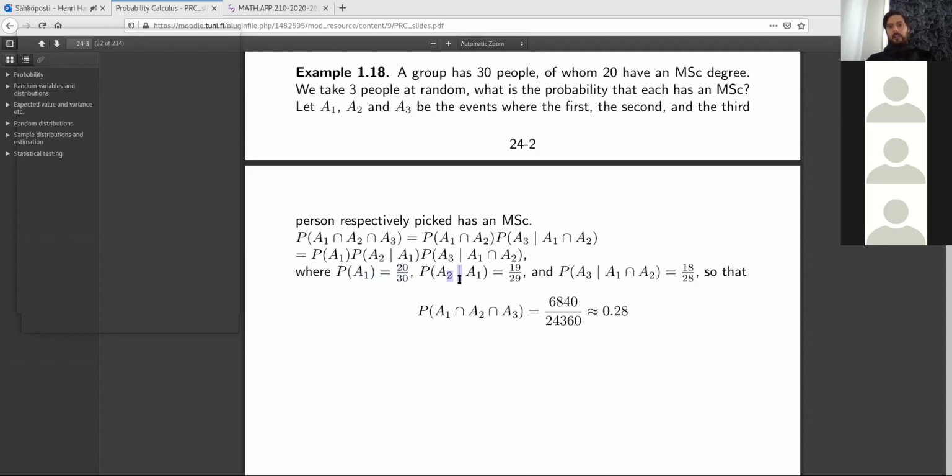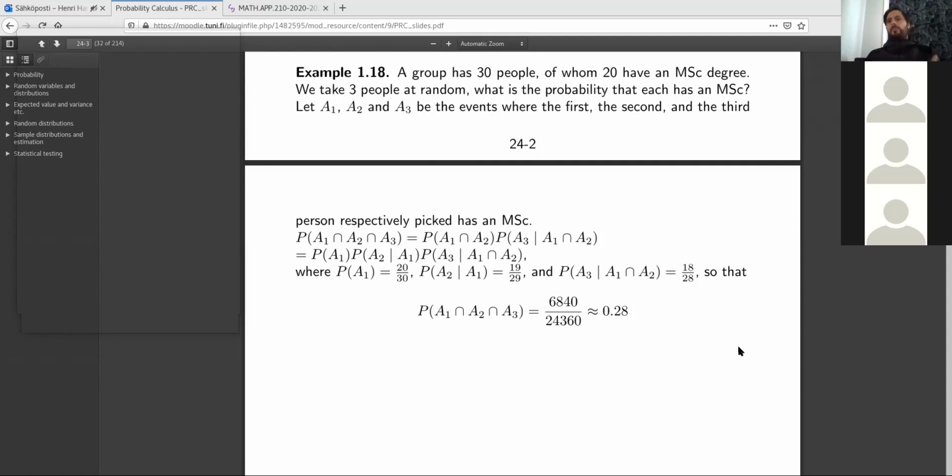But the second one, the conditional probability that the second one comes out with an MSc after the first one had an MSc, is 19 out of 29, because there are now 19 MScs left out of 29 persons. And the probability that the third one has an MSc, given that the first two had an MSc, is 18 MScs left in a group of 28 people. So that's about 28%, the whole probability, multiplying these together.